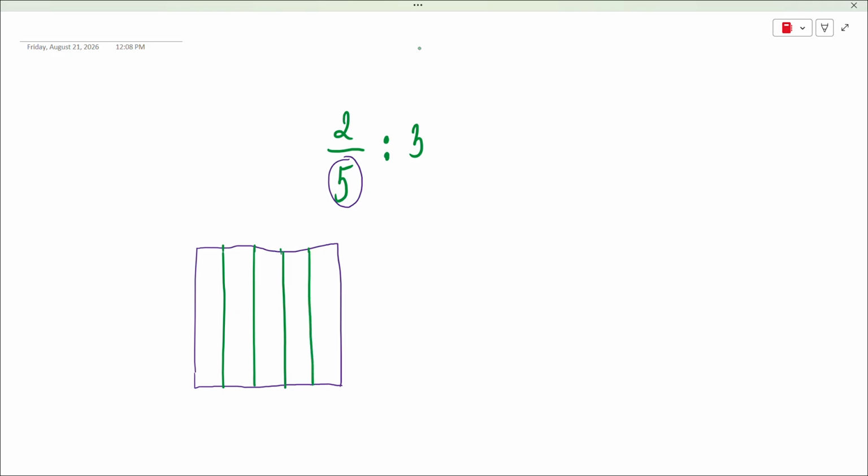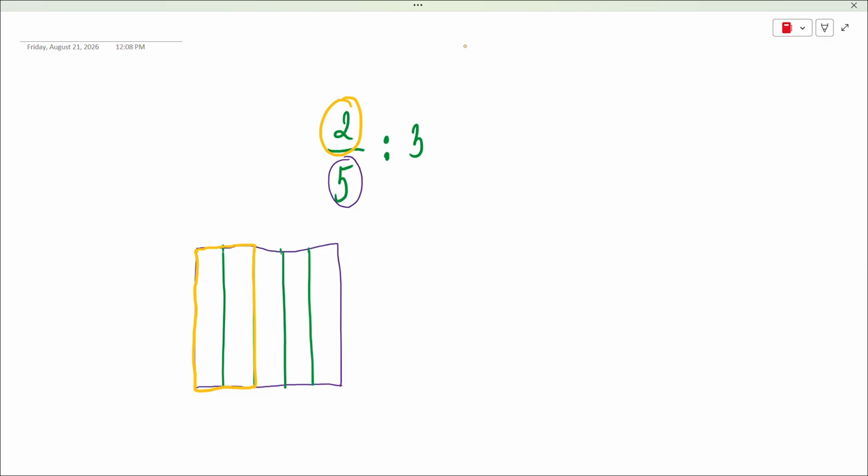So we have 5 equal sections here, and we need to take 2 over 5. So we need 2 sections of the 5 equal sections here. This will represent 2/5.